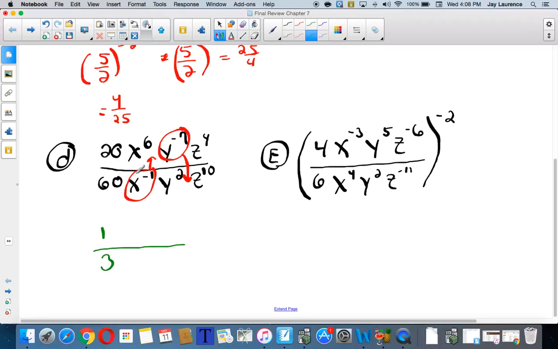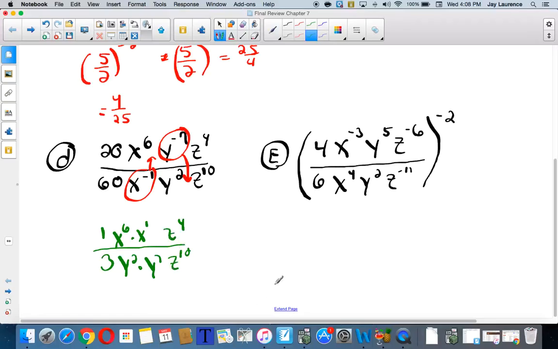Yeah, that'll be 1/3. Now I'm going to have an x to the sixth times an x to the first. When I move that x to the negative first to the numerator, the exponent becomes positive. In the denominator, I'm going to have a y to the second times a y to the seventh. And then we have a z to the fourth over z to the 10th. Neither of those are moving.